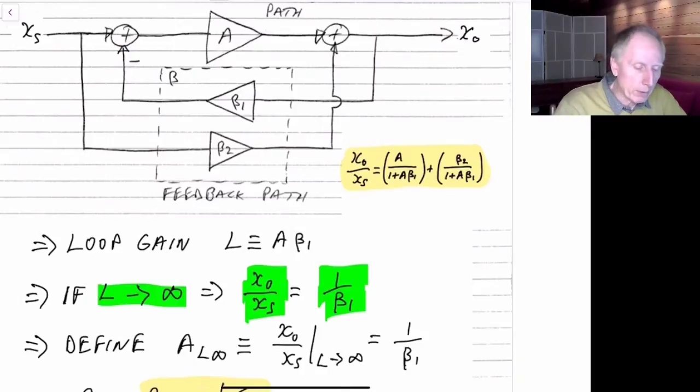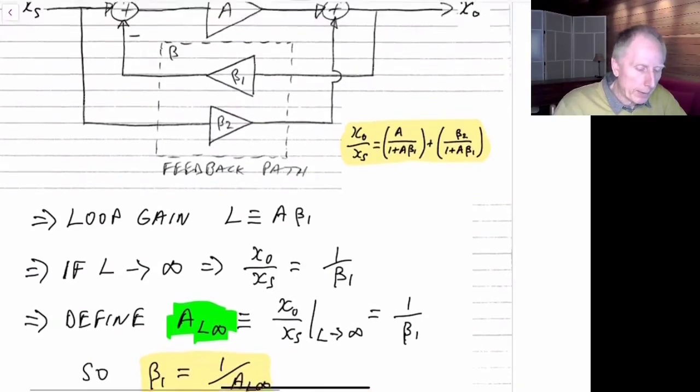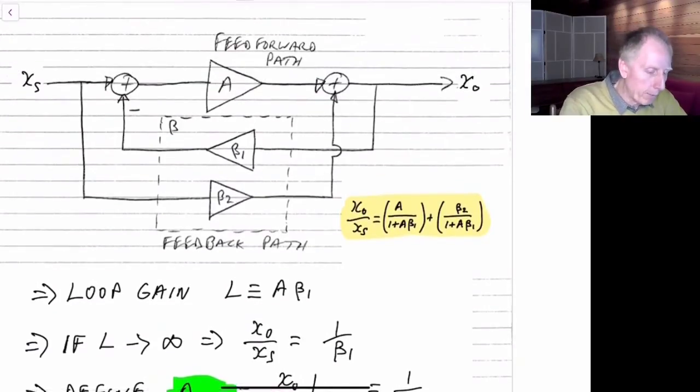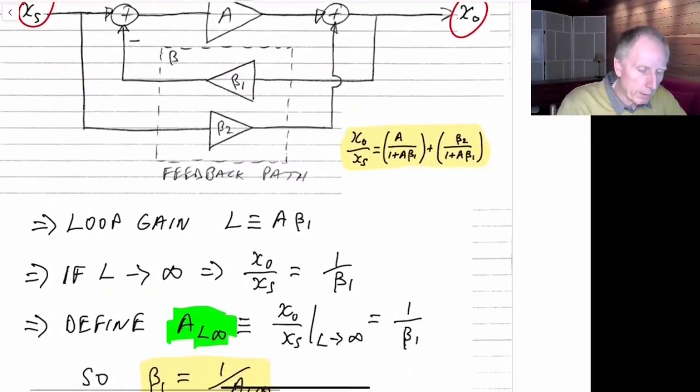That's why we call this the asymptotic gain model, because we'll look at the asymptotic gains when L goes to infinity and when L goes to 0. So we'll define a new parameter called A sub L infinity. And that's the gain from the input to the output when L goes to infinity.